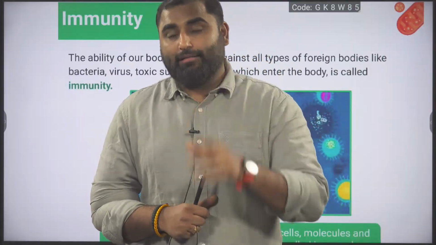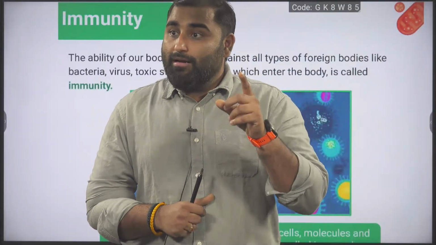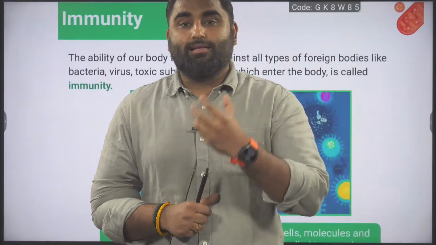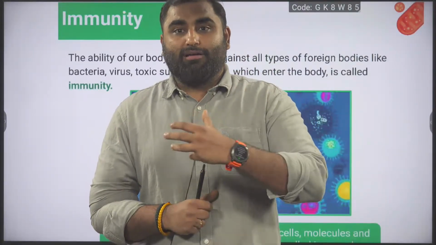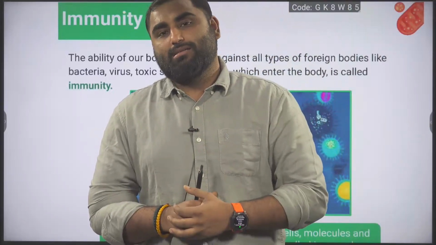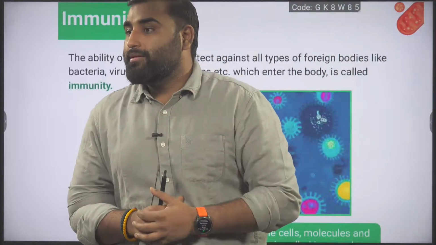So we have to check it. After checking it, we will destroy it, using our WBC cells and our antibodies. And after destroying it, we will remove it from our body. So recognize, that is identify, then kill it, and then remove it from the body.